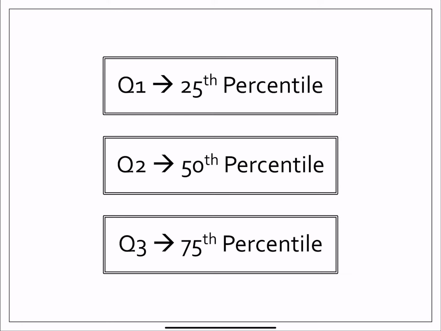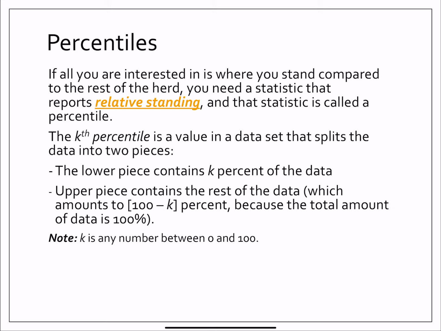Visually, another thing we had here, which we're going to dig into a little more, is this idea of percentiles. So Q1 was the 25th percentile, Q2 was the 50th percentile, and Q3 was the 75th percentile. With percentiles, we're looking at something a little different than with the z-score.